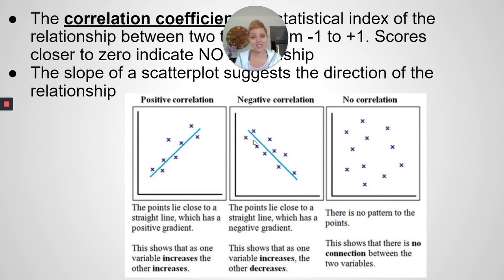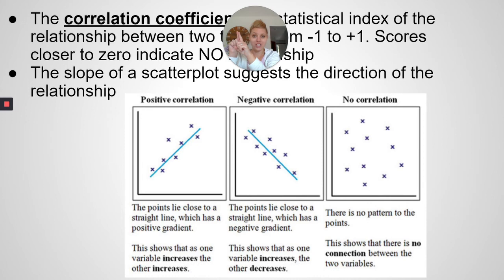Now, a negative correlation, on the other hand, is when my correlation coefficient is closest to -1. In a negative correlation, as one of my variables is increasing in frequency, my other variable is decreasing in frequency, and so they are going in opposite directions. Positive correlation, they're going in the same direction.